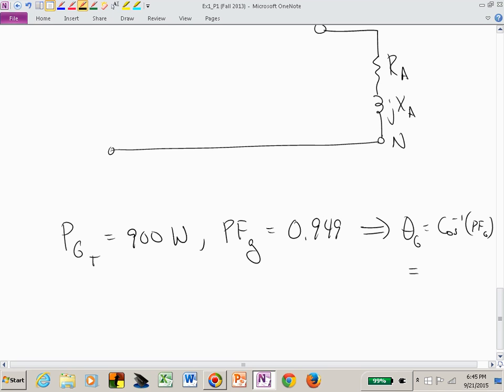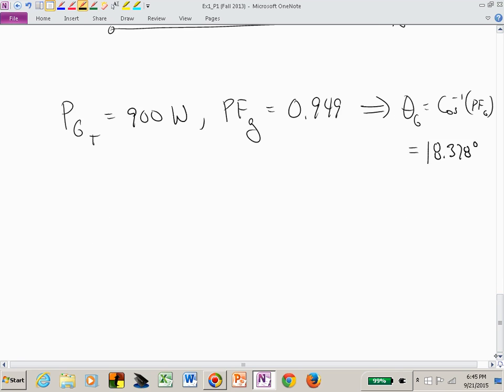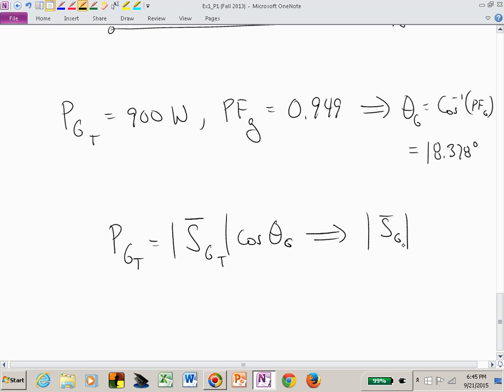And the angle, if you do the inverse tangent, is 18.378 degrees. We can now compute, however you want to do it, but you could say P sub GT is S, the apparent power of the generator, times the cosine of the theta of the generator, so that now we can find the magnitude of the generator total.